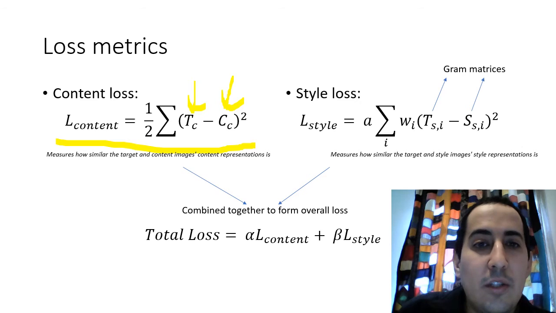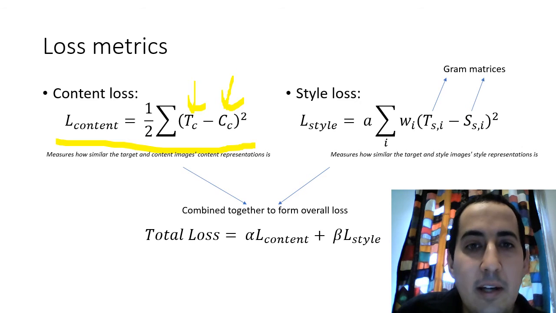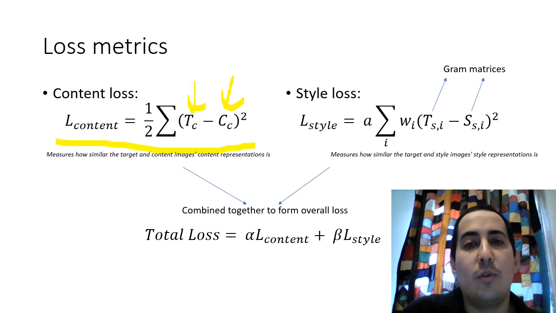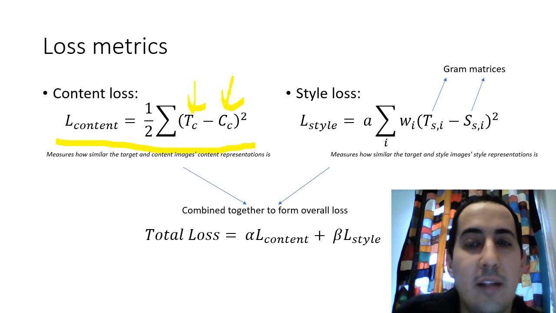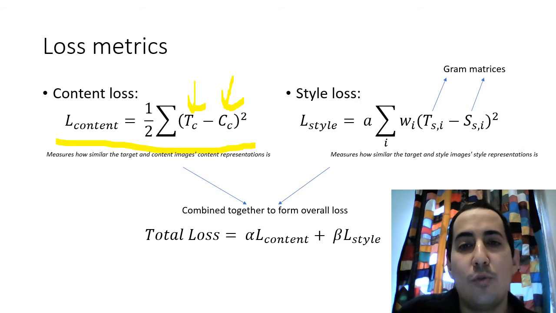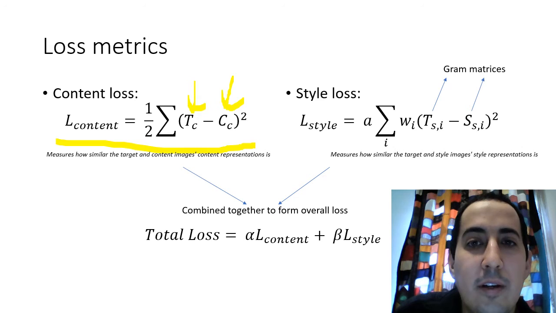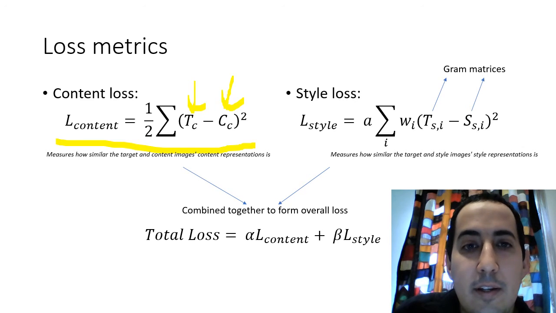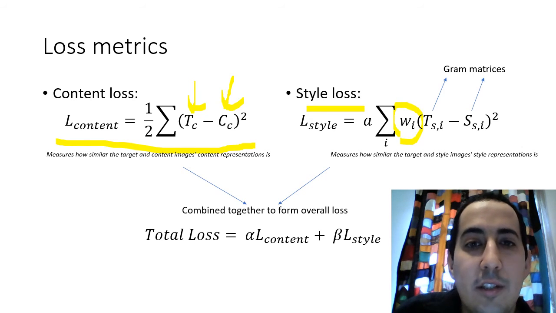Style loss is also calculated similarly, but here we don't use just one layer of the network. We use 5 layers from different stacks. Here gram matrices are used. Since there are 5 layers considered, the weighted sum calculations are as in this formula.